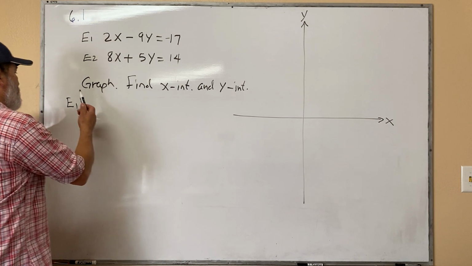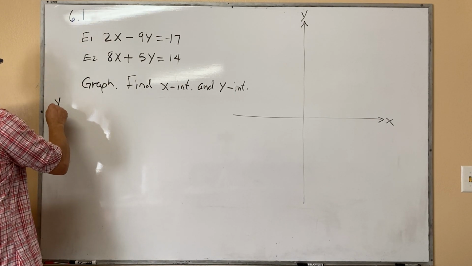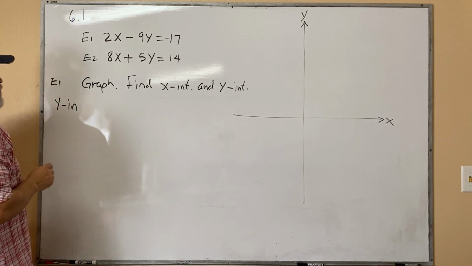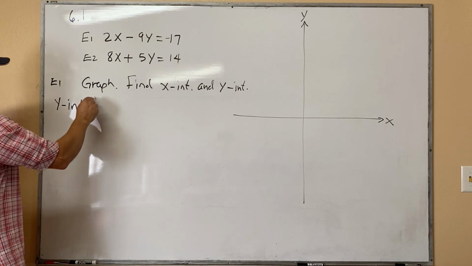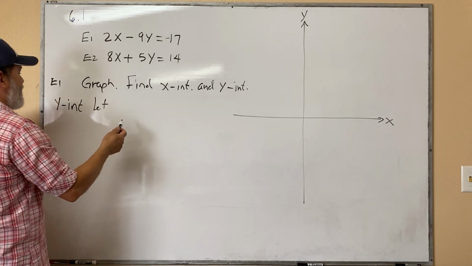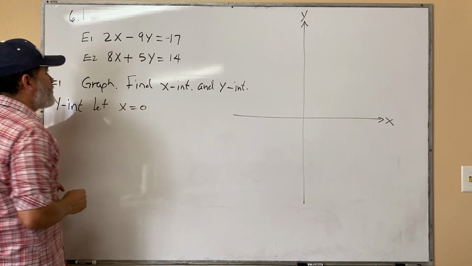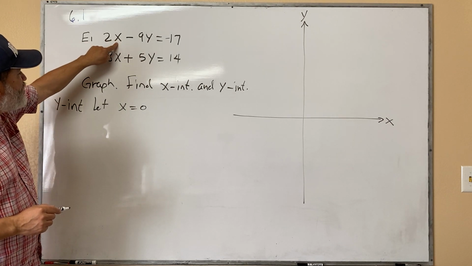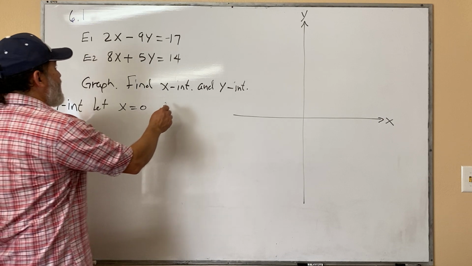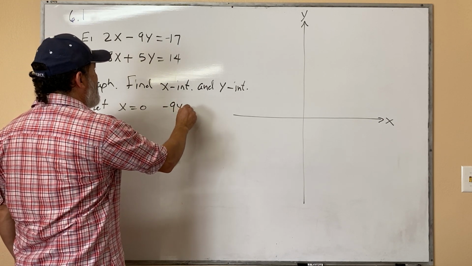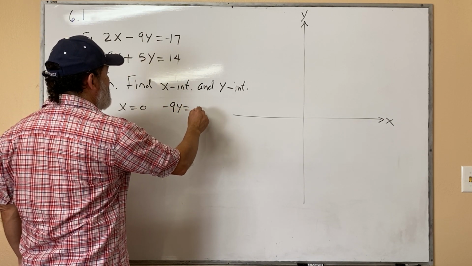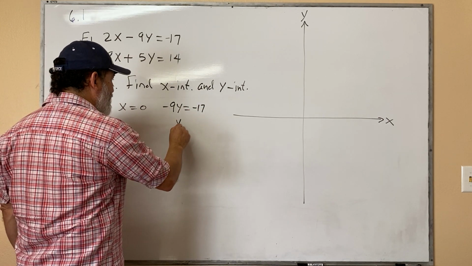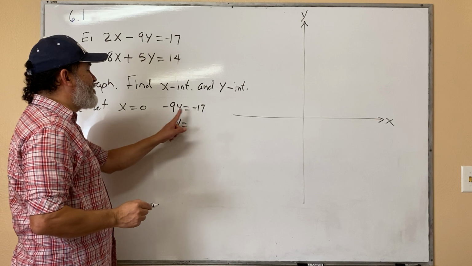For the Y-intercept, in equation 1, let x equal 0. 2 times 0 is 0, and we get negative 9y equals negative 17. So y equals, what's a negative divided by a negative?